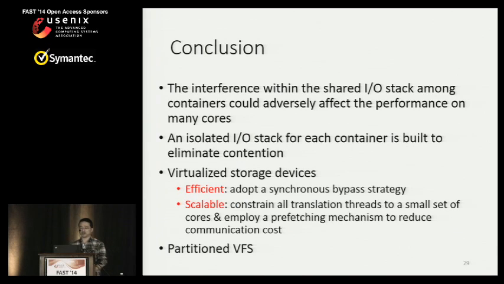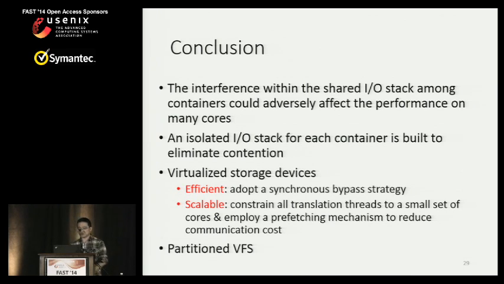Now we make a conclusion. The interference within the shared I/O stack among containers could adversely affect the performance on many cores. An isolated I/O stack for each container is built to eliminate contention. The isolated I/O stack consists of the virtualized storage device and the partitioned virtual file system.